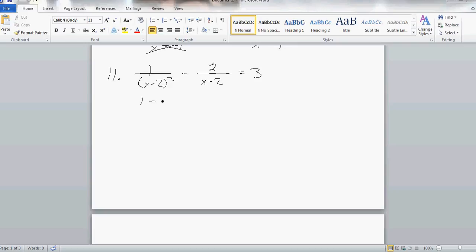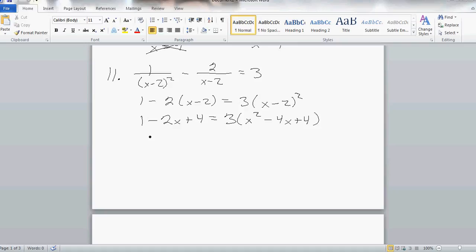So this will become 1 minus, okay, now I need to multiply this by x minus 2. And I need to multiply this by x minus 2, the quantity squared. So this becomes 1 minus 2x plus 4 equals 3 times, foiling this out, x squared minus 4x plus 4.